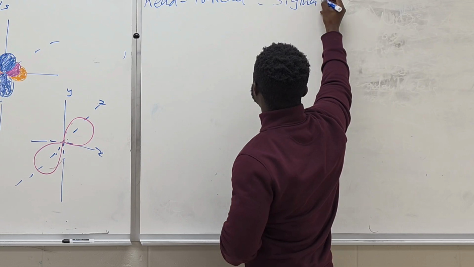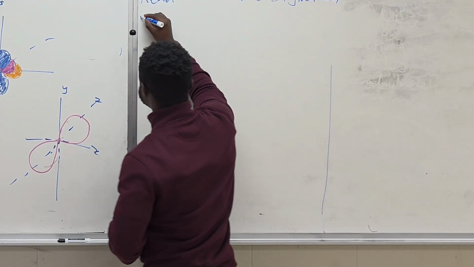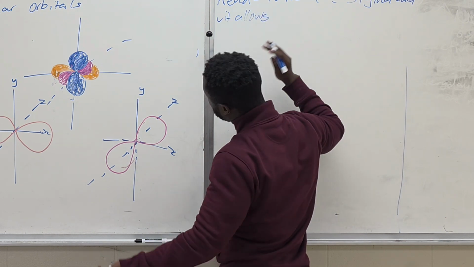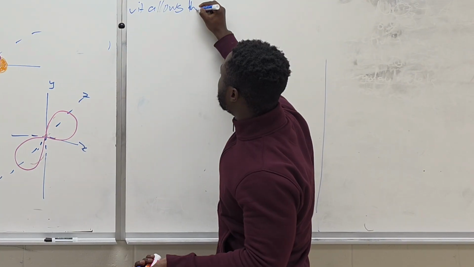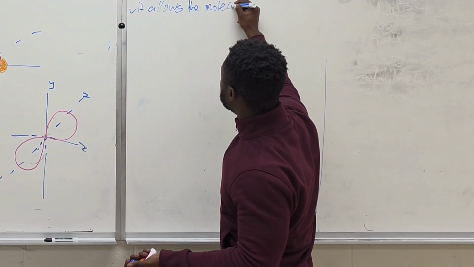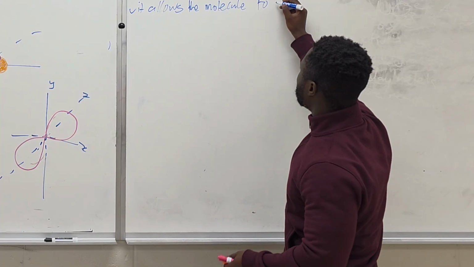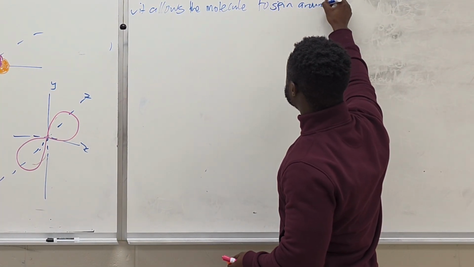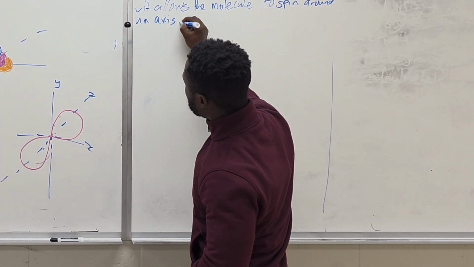A sigma bond. And the advantage of a sigma bond is that it allows the now formed molecule, because it's no longer going to be an atom, to spin around an axis, right? An axis.